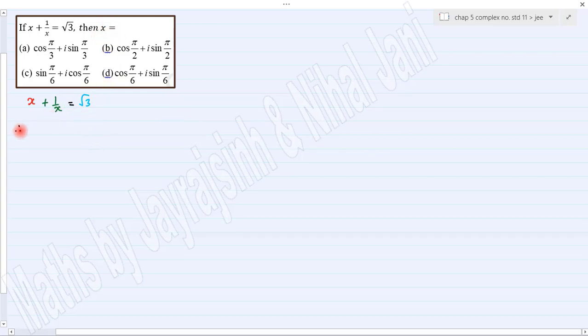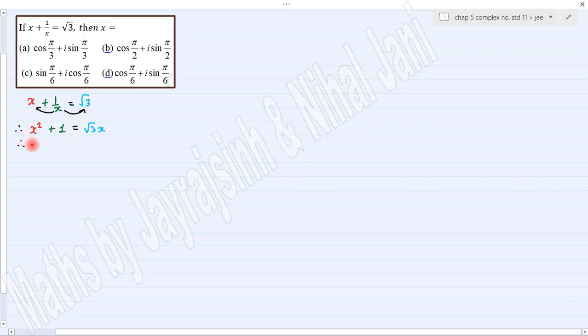First of all, let's try to solve using the quadratic equation. Initially, we have to obtain the quadratic equation, and for that, we have to take LCM. So x multiplied with x will give us x square, then plus 1, and x multiplied with root 3 will give us root 3x.